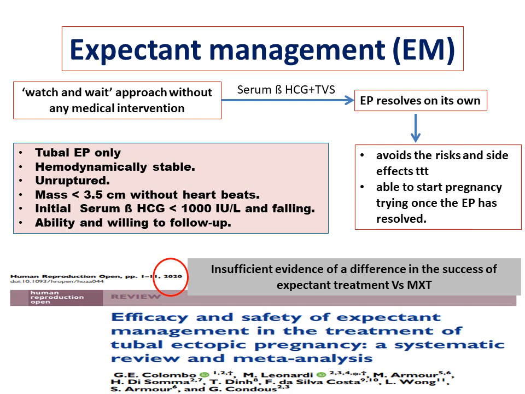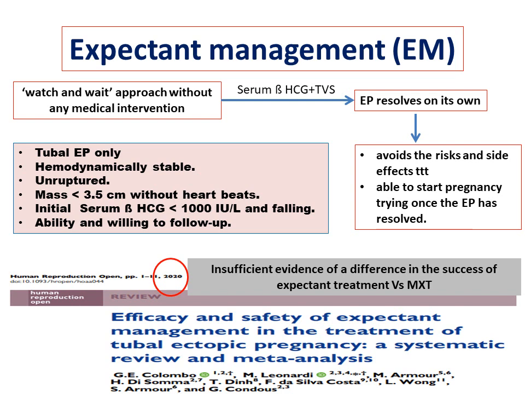In such a case, you can offer your patient expectant management, which is a watch and wait approach without any medical intervention, with frequent serum beta HCG estimation and transvaginal sonography performance. The objective of expectant management is to allow the ectopic pregnancy to resolve on its own.